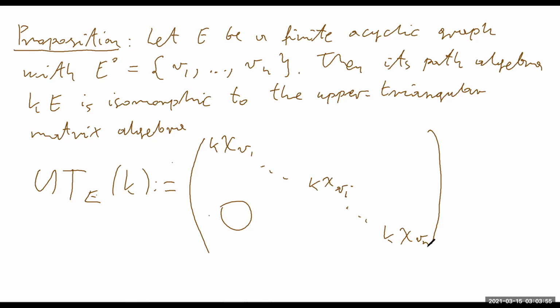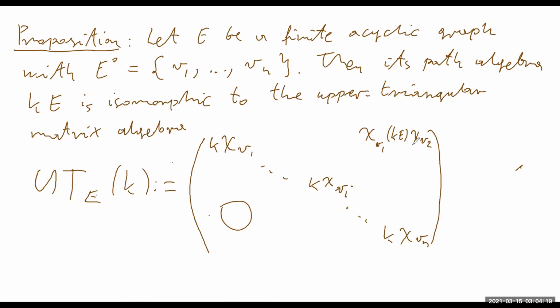Well, in this corner, you'll have chi v1 KE chi vn, and so on and so forth. And generically, you will have chi vi KE chi vj for i less than j.